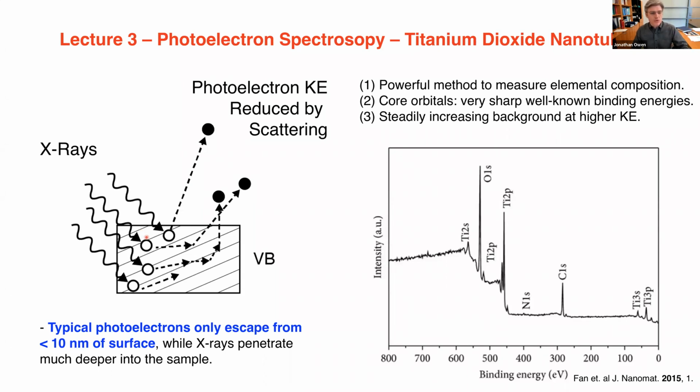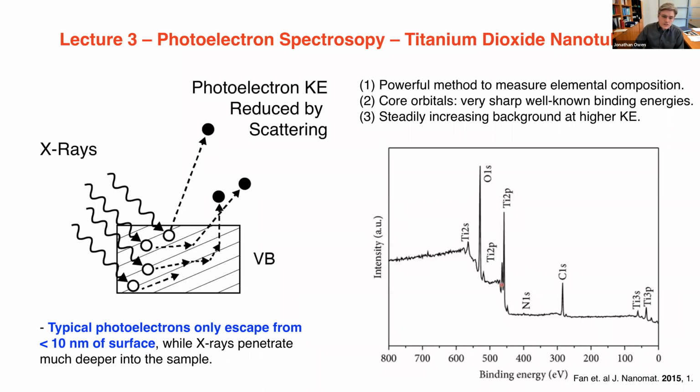People say the rule of thumb is that for most substances and most photoelectrons, in that first 10 nanometers beneath the surface, electrons can escape from the crystal. Deeper than that, nothing happens. All the electrons are captured. And so as a result, this photoelectron spectrum is really the signature of the atoms found right at the surface of that material.